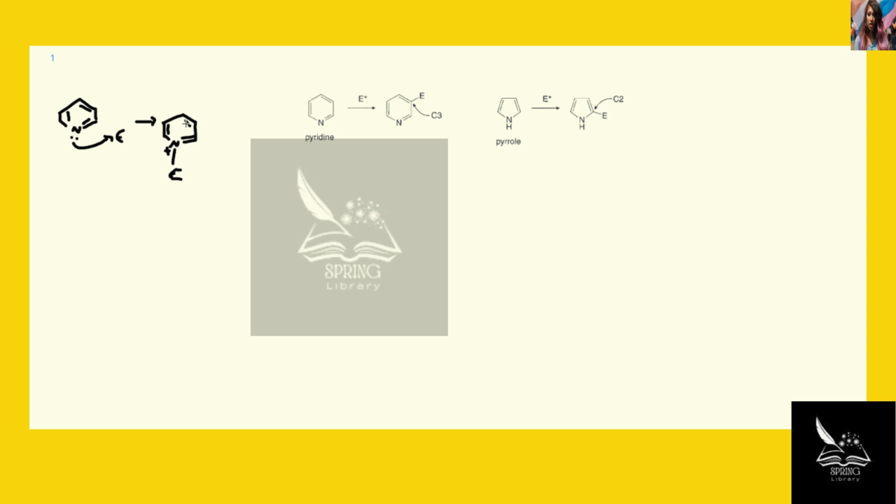But now to understand why the addition occurs on carbon 3 and not on carbon 2 or 4, let's look at the resonance stabilization for the electrophile adding on carbon 2 versus on carbon 3. So let's say we're adding it on C2, through this carbon atom picking up the electrophile.